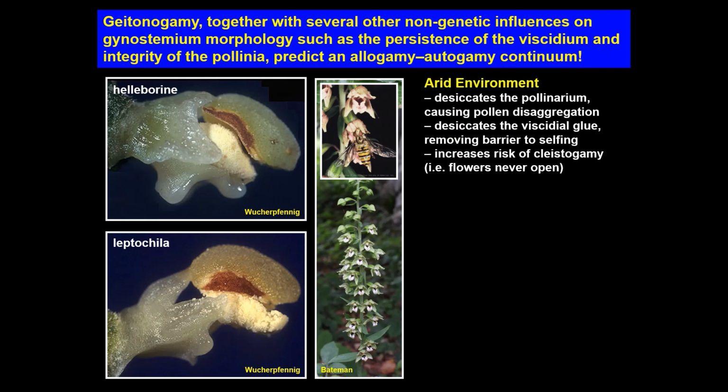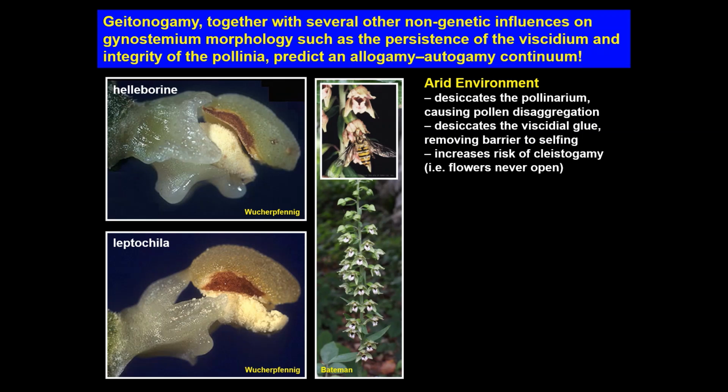So if we list the factors affecting reproductive mode in more detail, first of all, I think the arid environment of some of these species, like junensis in particular, is of considerable significance. In an arid environment, the pollinarium gets desiccated and the pollen disaggregates. It also desiccates the viscidial glue.